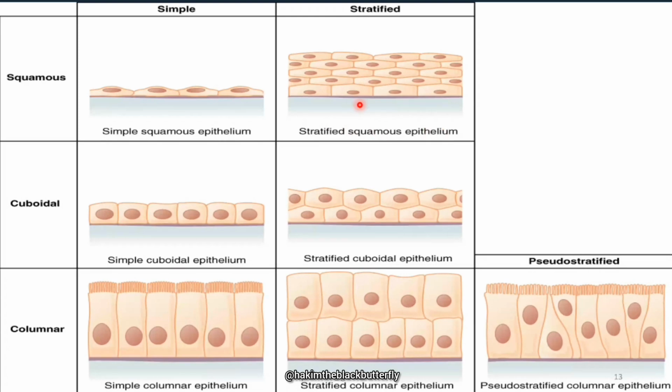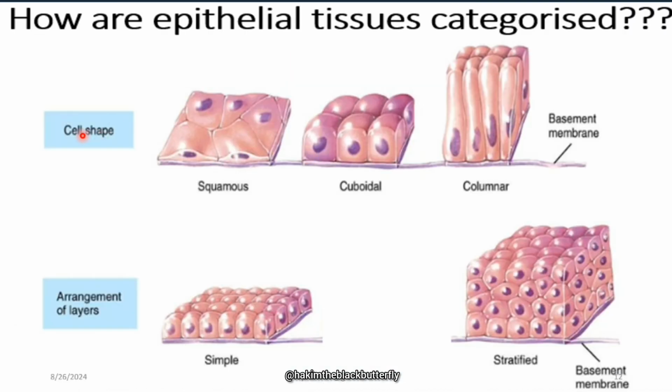Stratified squamous, multiple layers of thin and flat cells. Stratified cuboidal, there are many layers and these layers are cube-shaped. Here the cells are column-like. All these are categories or specific examples of epithelial tissues. We come up with them using these two criteria, the cell shape and the number of cell layers.